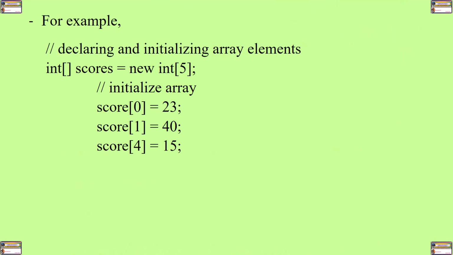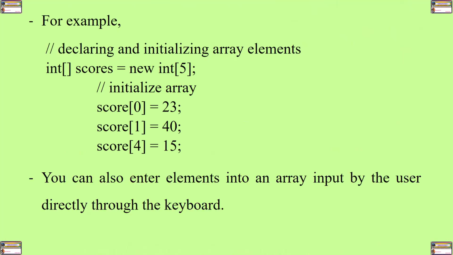Then in the fifth position, we are assigning 15. So it simply means that the array called scores has been initialized as follows: the first element is 23, the second element is 40, and the last element is 15.